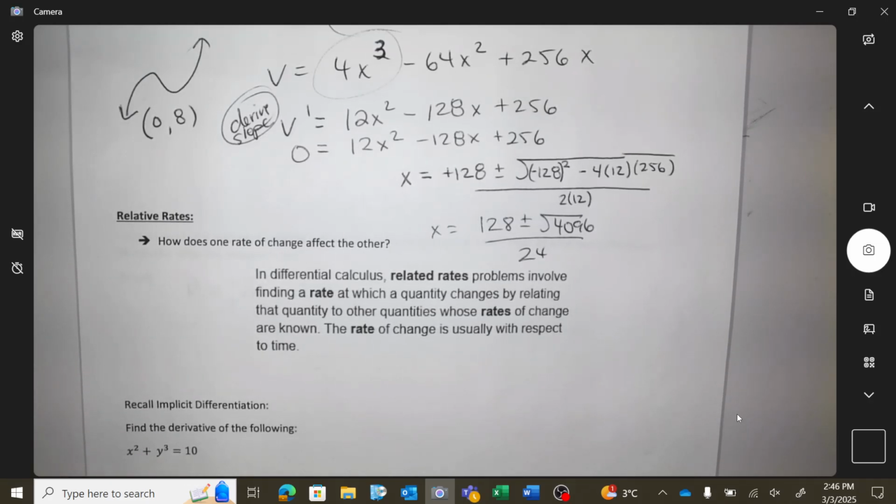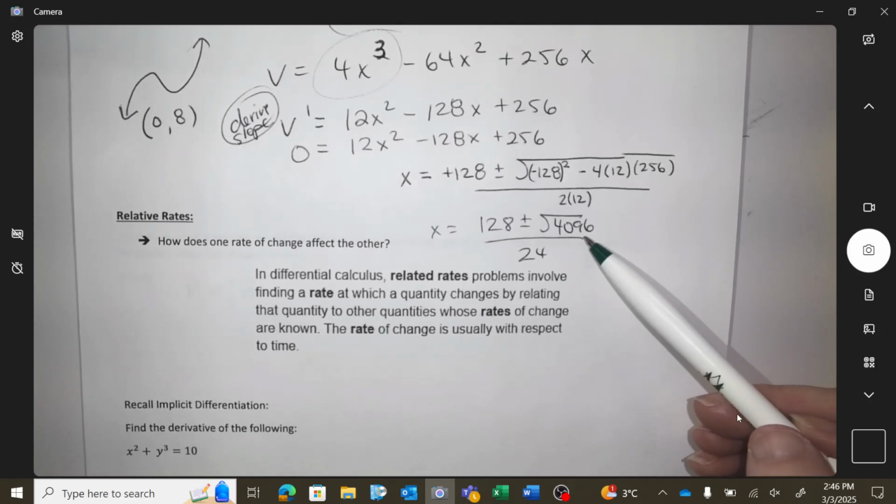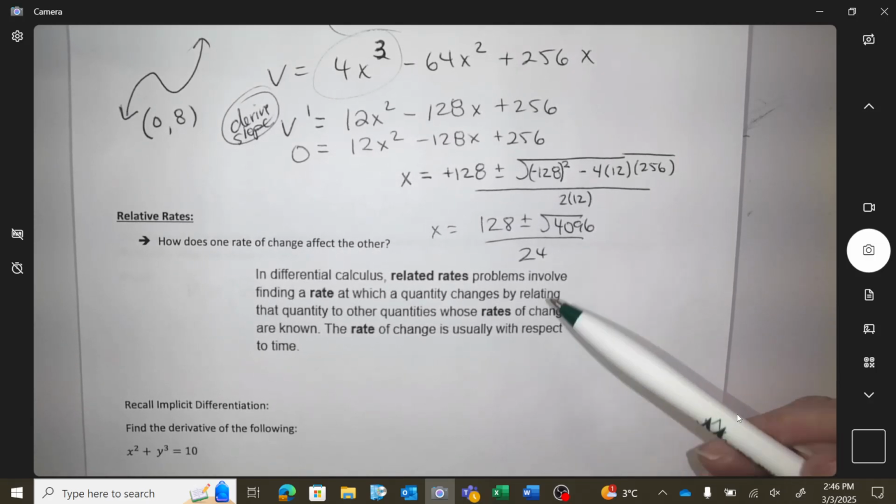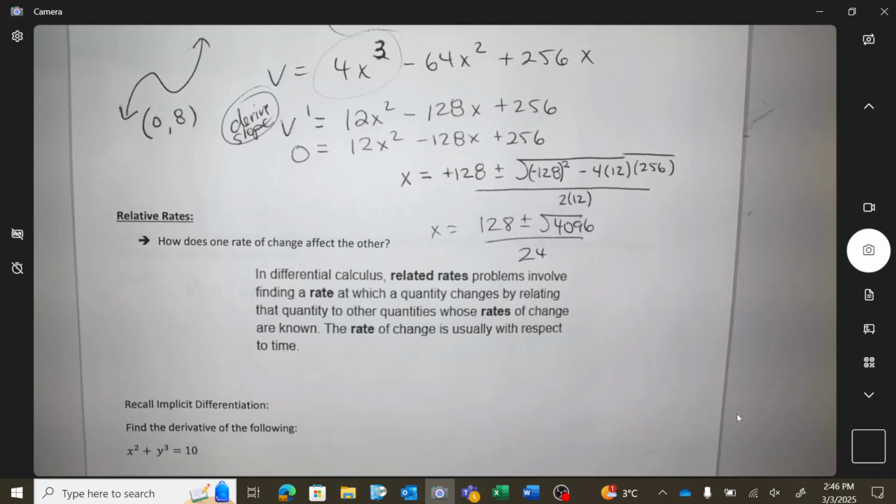Oh, it would have been factorable, everybody, but that's okay. You know how I know? If this is a nice, perfect square rootable number, it would have been factorable, but that's okay. Practice.